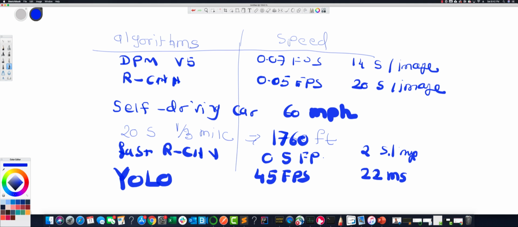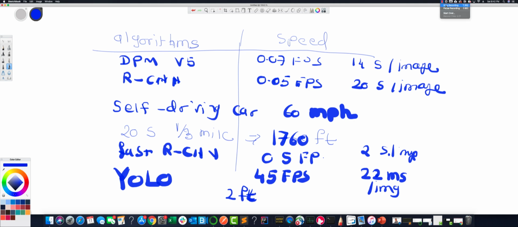If you translate this to distance, YOLO can detect objects within 2 feet: by the time the car travels 2 feet, it already recognizes the object. Because of this speed, YOLO is an ideal choice for real-time object detection in video, like self-driving cars or even movies, to identify celebrities in real time. So that's the advantage of using YOLO.